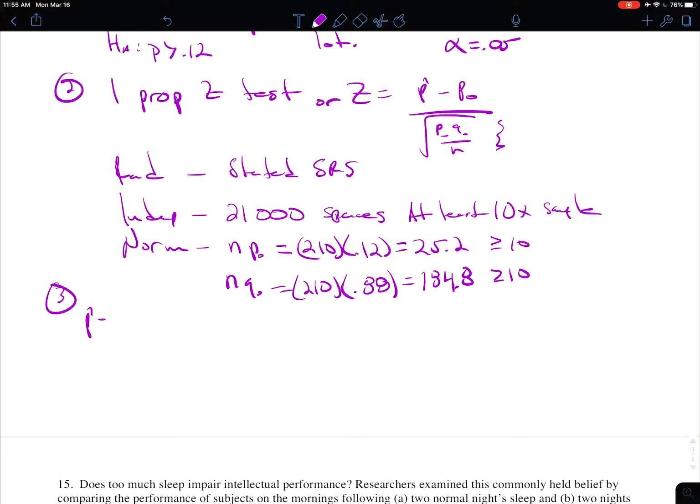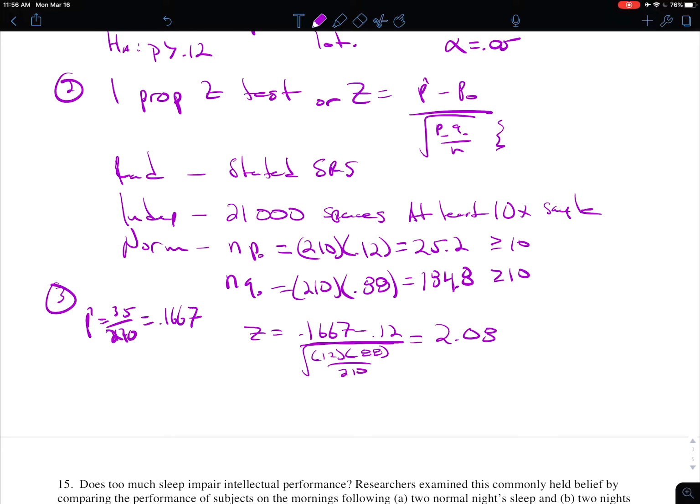And p-hat in this problem, 35 over 210, is 0.1667. At some point you can terminate the decimal, but the test, z equals 0.1667 minus 0.12 over the square root of null p, null q over n, gets us 2.081.